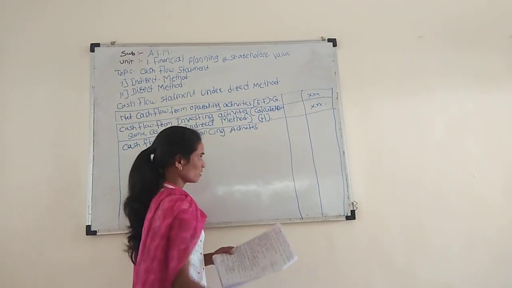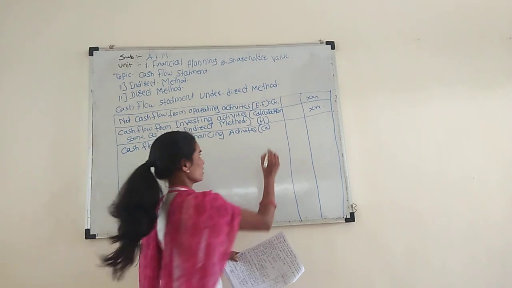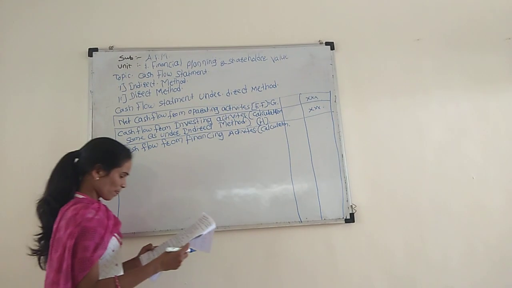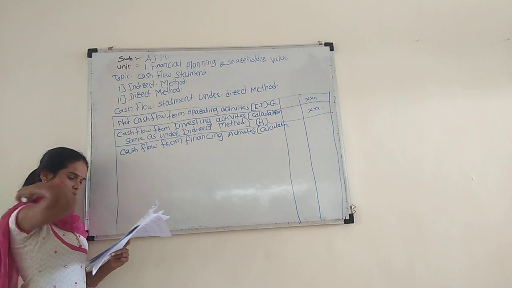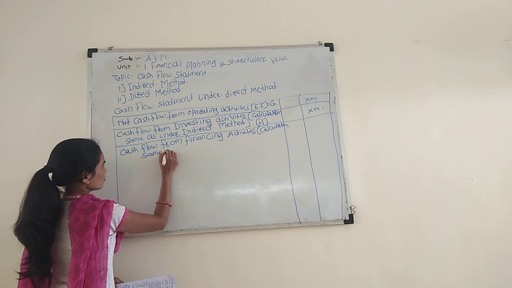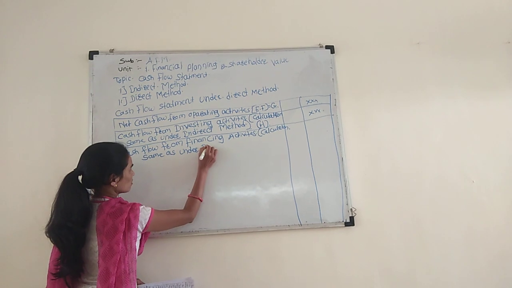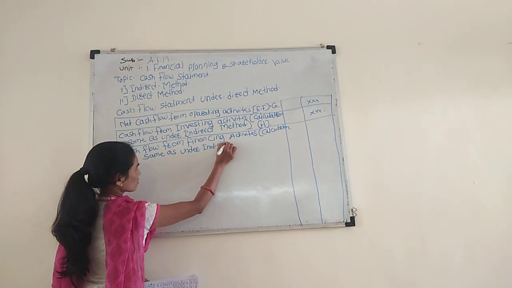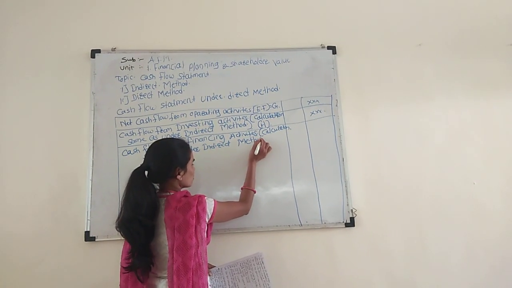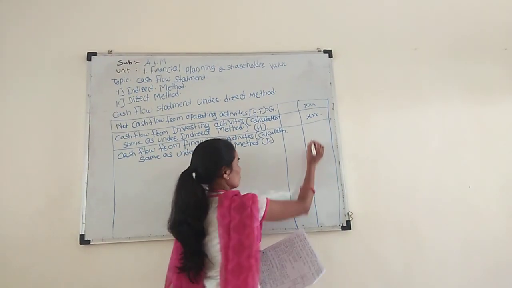The financing activity calculation is the same as under the indirect method. This is called I, and the amount goes in this column.